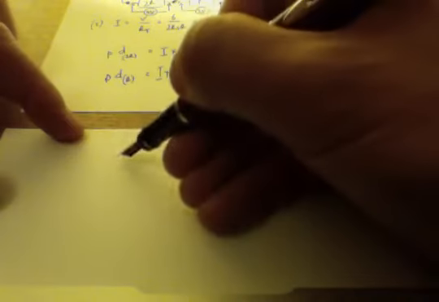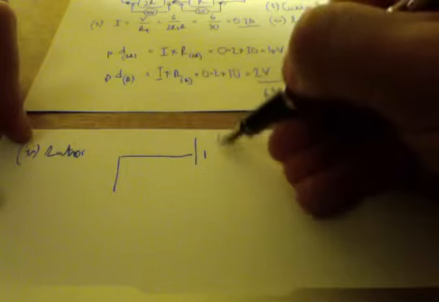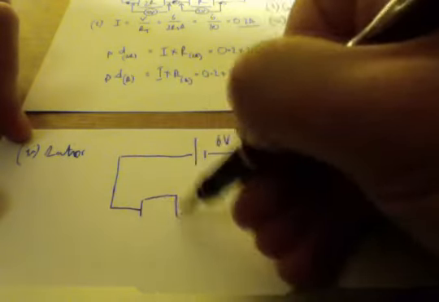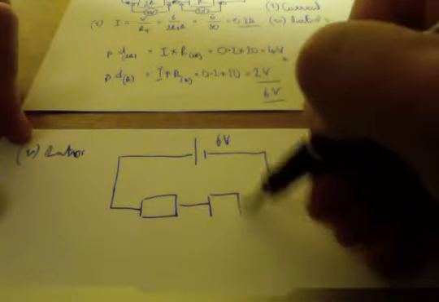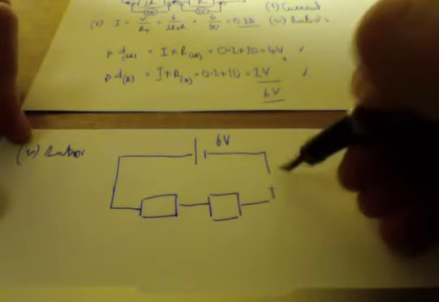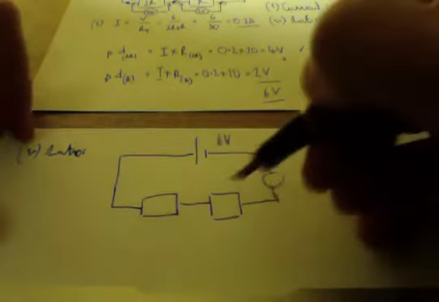With ratios, let me just draw out that circuit again. This is number 2. We know that over these two resistances, we need 6 volts to have been used up.